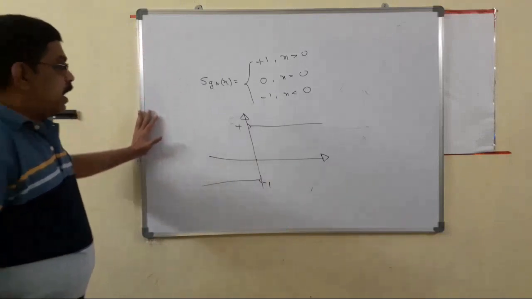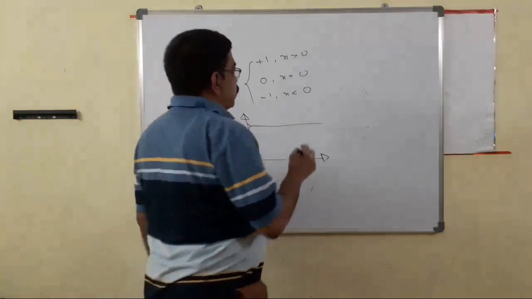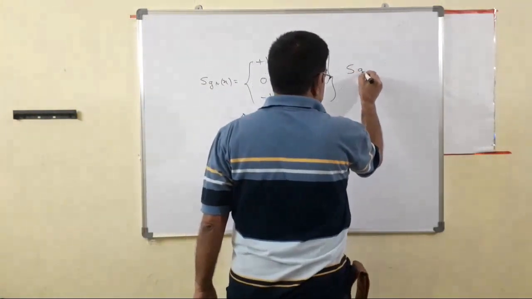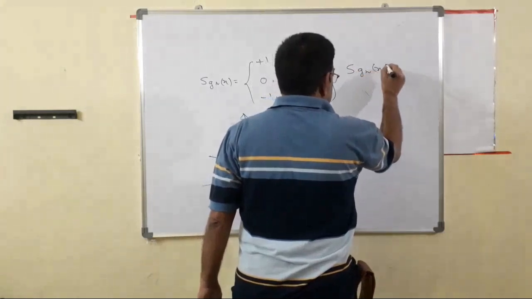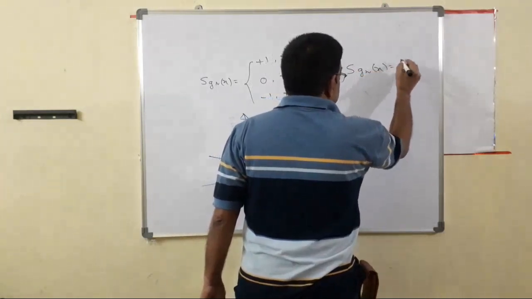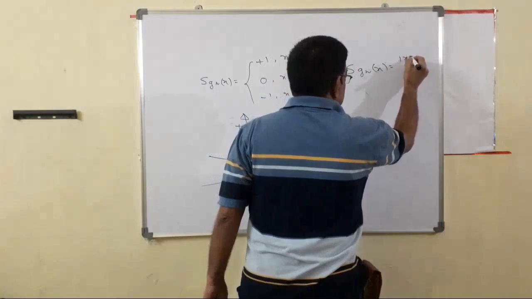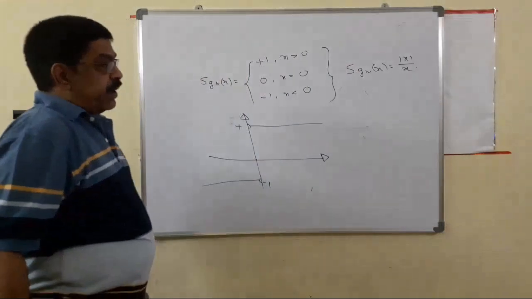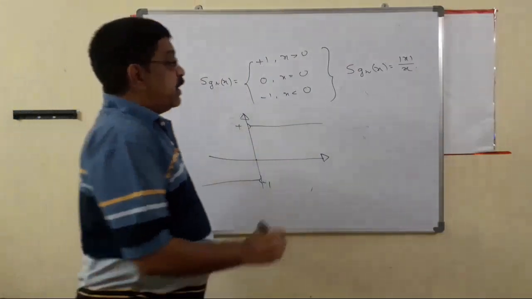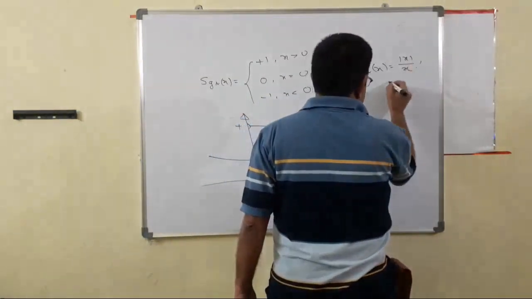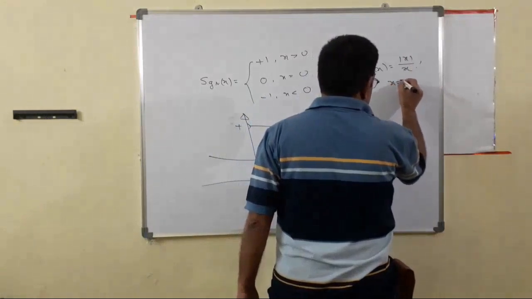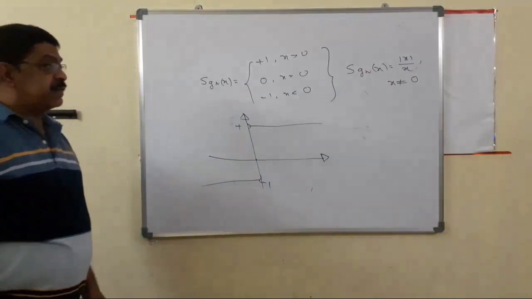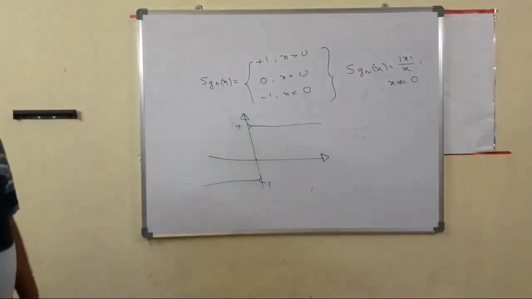Now, think about it for some time. Signum x is definitely a constant which can be one of the three values, and I can write a compact formula: mod x upon x, for x not equal to 0, since division by 0 is not defined. So I have got one more formula, signum x equals mod x upon x for x not equal to 0.